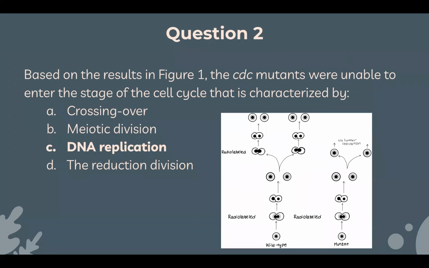Once the mutant cell reaches the end of mitosis, it's unable to undergo a new round of mitosis. Therefore, it's not able to reinitiate DNA duplication. Does that make sense?